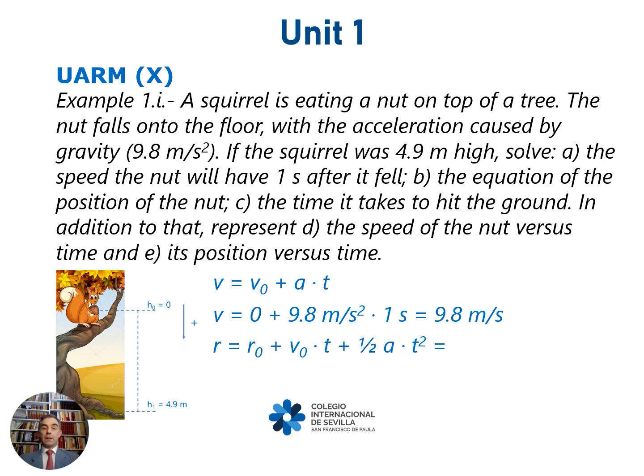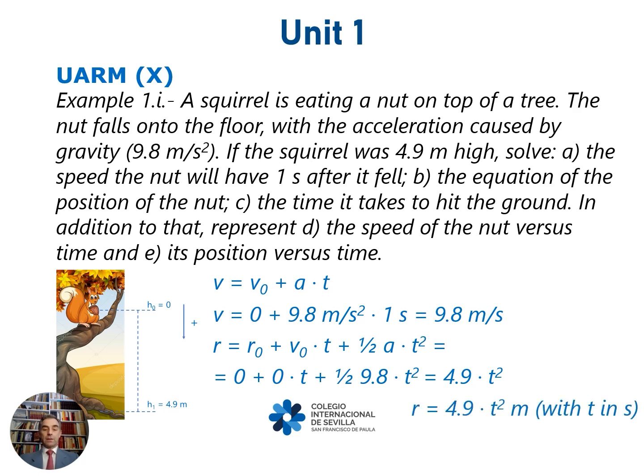The initial speed is 0 because the squirrel was eating the nut, so the nut was at rest. And the acceleration is 9.8 meters per second squared in the sense we have chosen as positive, therefore plus 9.8. That is 0 plus 0 times time plus a half of 9.8 times time squared, which is 4.9 times time squared meters, with t in seconds.